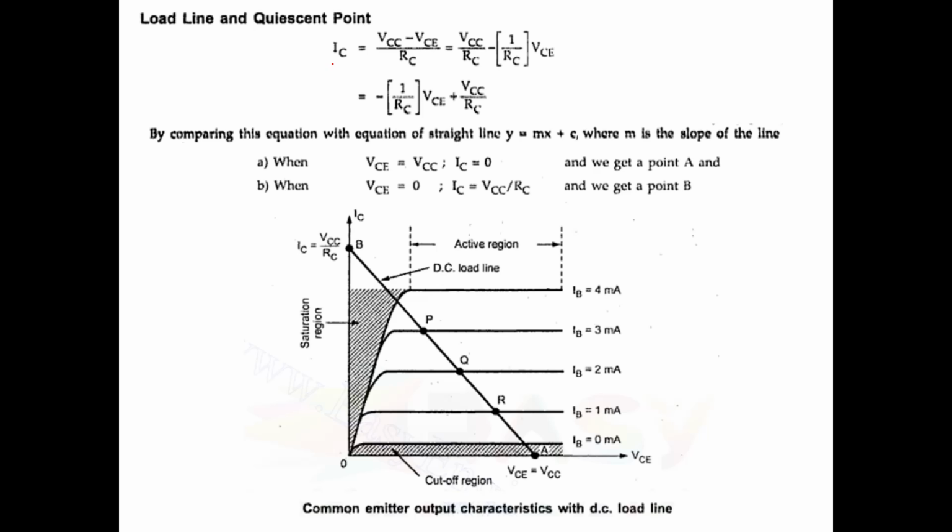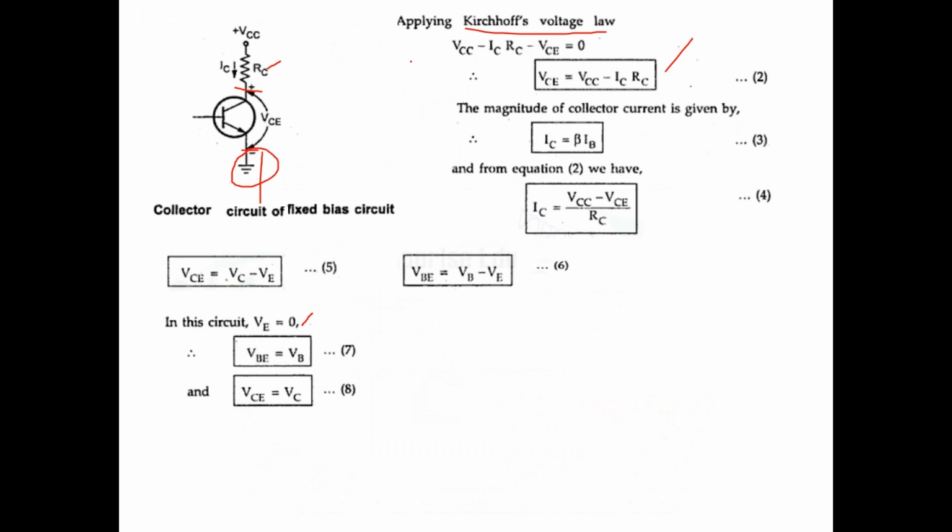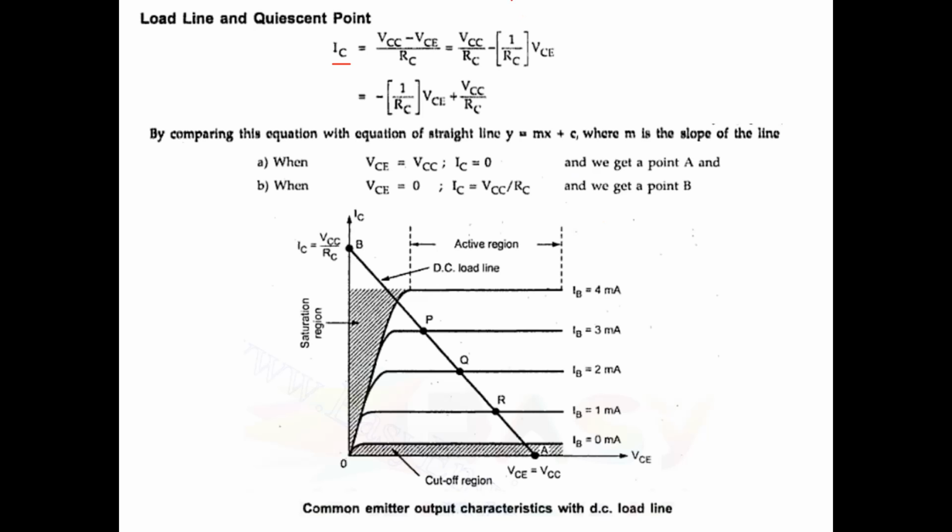IC is equal to VCC minus VCE divided by RC, according to the previous formula, equation 4. You can also write this as VCC by RC minus 1 by RC into VCE.